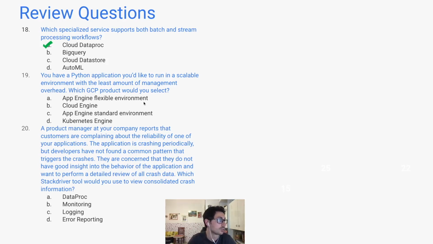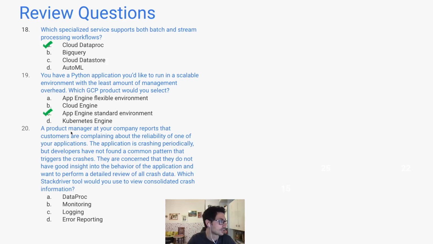So the choice is between App Engine Flexible and Standard environment, but to have really the least amount of management overhead, since you're talking about a Python application, the standard environment is better. Since for the flexible one, you also need to have it containerized, and there is a little more configuration to be done. Last question, and we are really done for today.